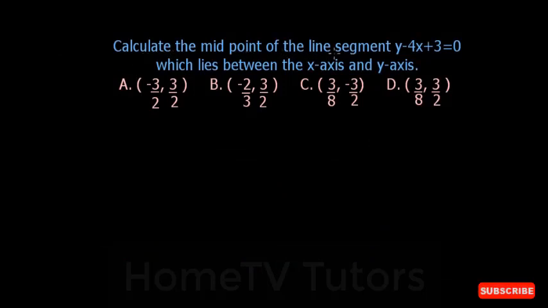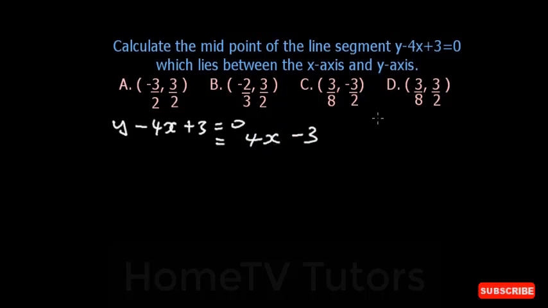Calculate the midpoint of the line segment y minus 4x plus 3 equals 0, which lies between the x-axis and y-axis. The line y minus 4x plus 3 is equal to 0, so y is equal to 4x, and when the 3 comes to the right hand side, minus 3.